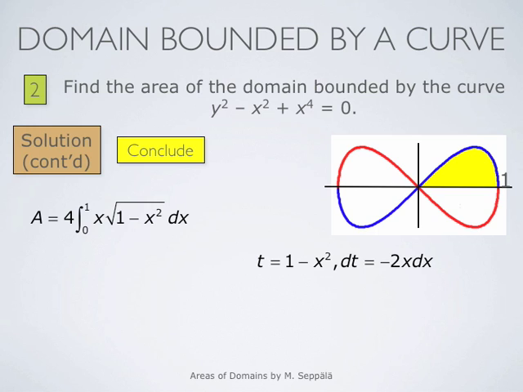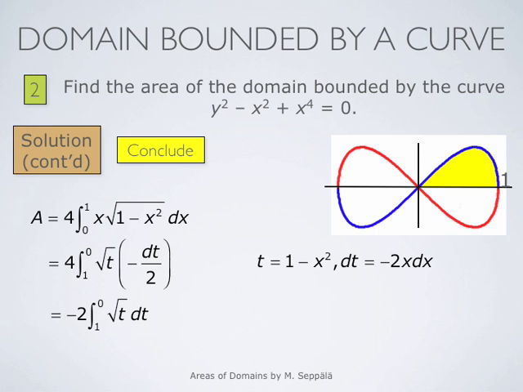We have to compute also new limits. When x equals 0, t equals 1 minus 0 squared, which is 1. And when x equals 1, t equals 1 minus 1 squared, which is 0. Therefore, the substitution gives us 4 times integral from 0 to 1 x times square root 1 minus x squared dx equals 4 times integral from 1 to 0 square root of t times minus dt divided by 2.